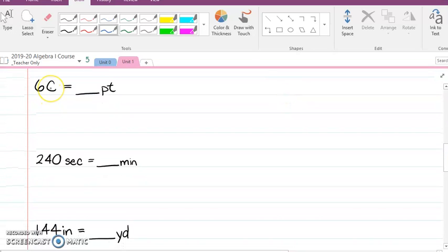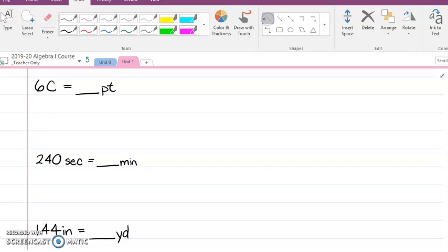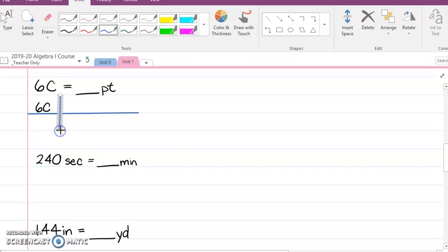Let's try converting cups to pints. Again, I'm going to start with a horizontal bar. I'm going to begin by putting 6 cups in the top left area. Now I'm converting cups to pints.